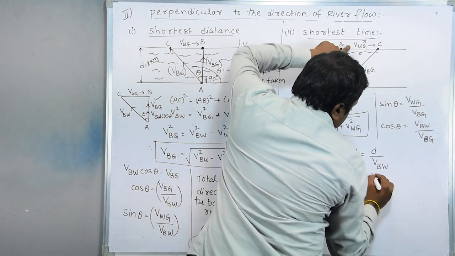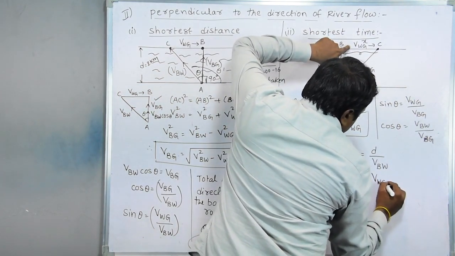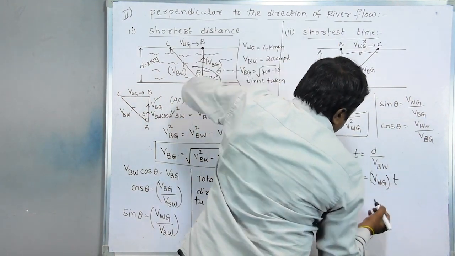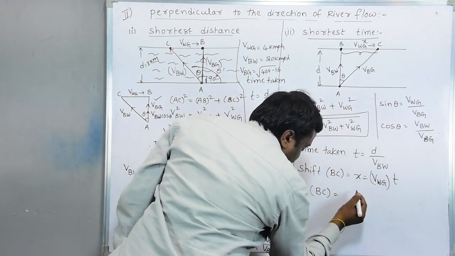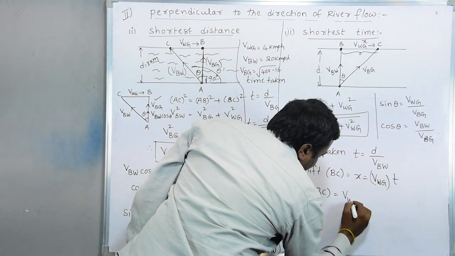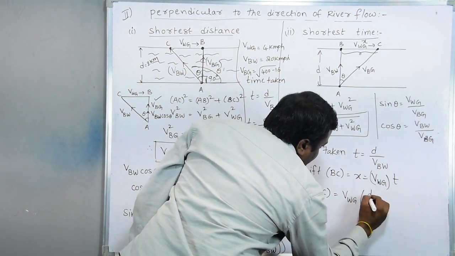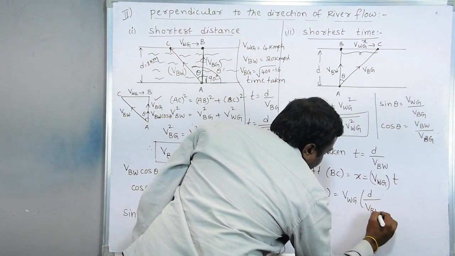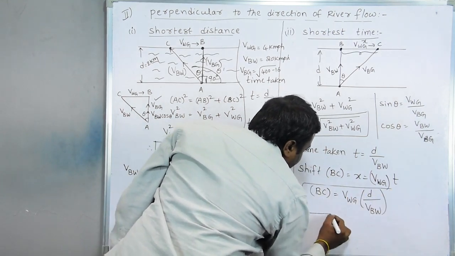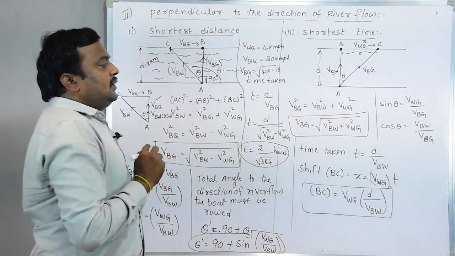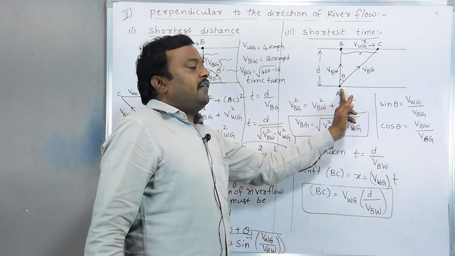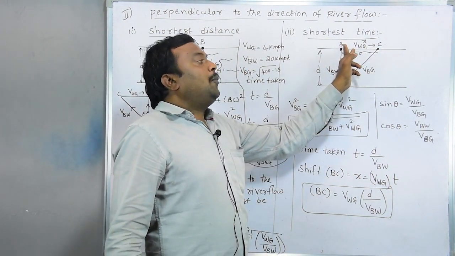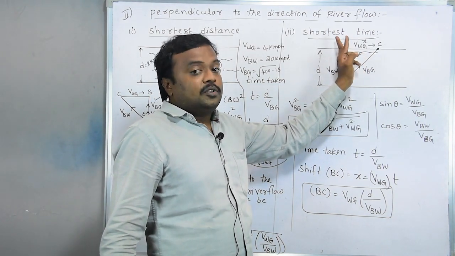What velocity here? V water with respect to ground into time. So that shift BC is equal to V_WG into time, d by V_BW. With this formula, it is possible to find the shift, how much extra distance it travelled compared with the opposite point.